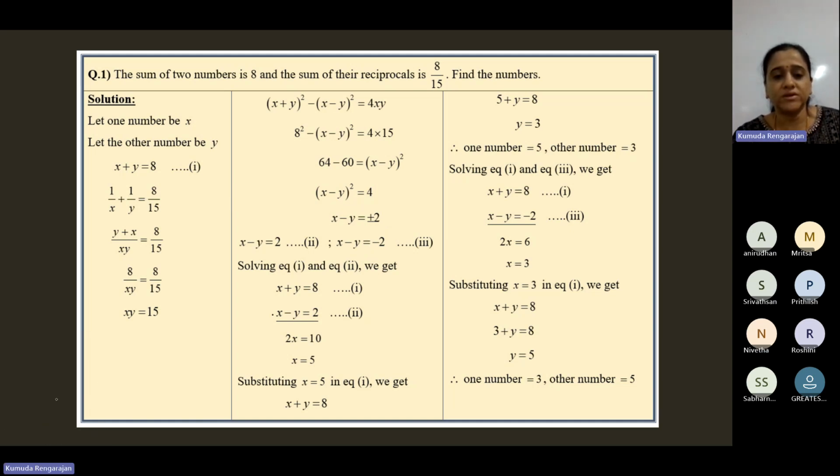Solve equation 1 and 2, 1 and 3. So you see that the numbers are 3 and 5, 5 and 3 in one case, in the other case 3 and 5. So the two numbers are 3 and 5, or 5 and 3. So this identity is used to get another equation in x and y.